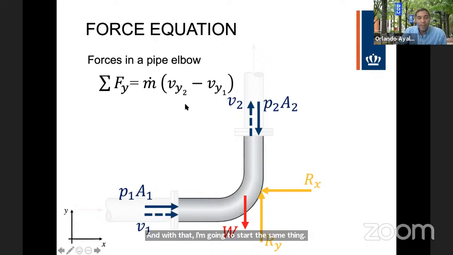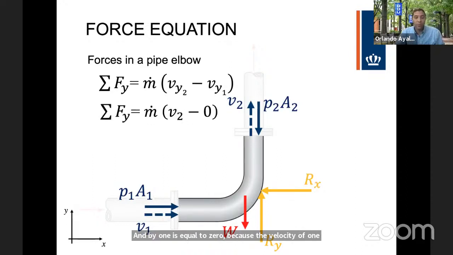So what is Vy2? Vy2 is totally V2 because velocity 2 is totally vertical. And Vy1 is equal to 0 because the velocity at 1 is totally horizontal. There is no vertical component. So that's why I'm going to write the equation this way.